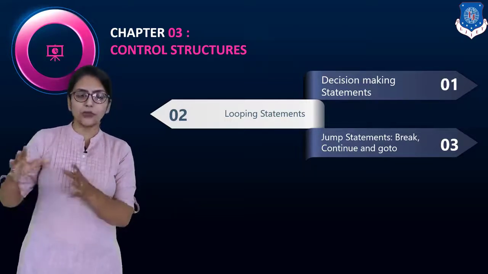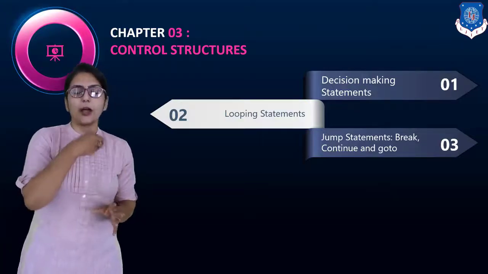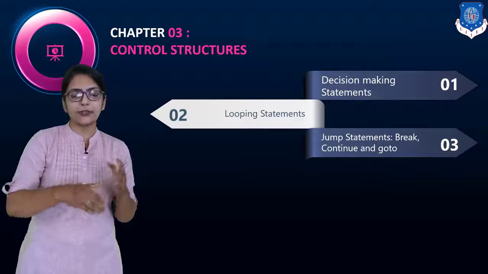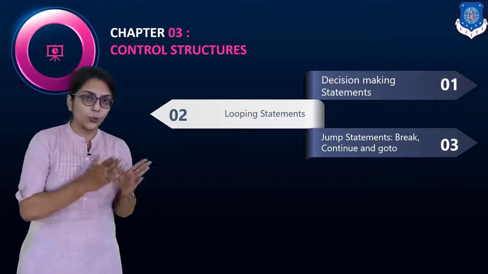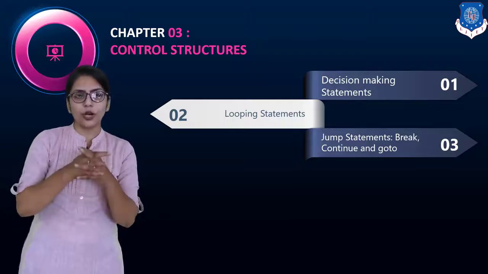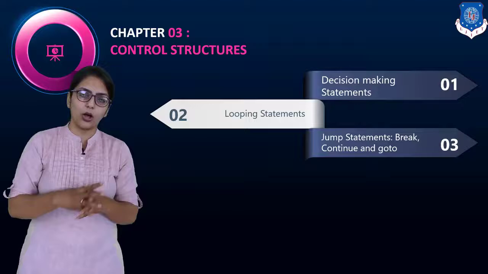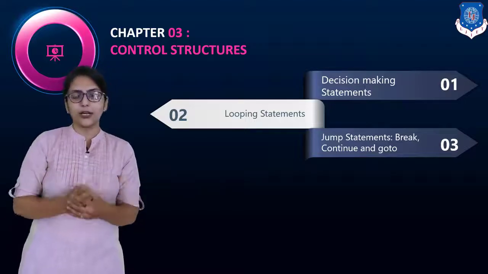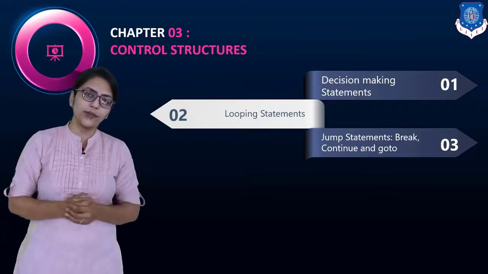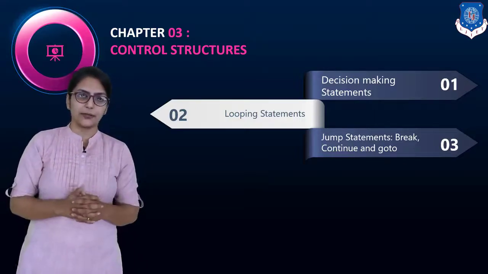Say, for the 100 marks of paper, I am going to print that the student is passed only if the obtained mark of the student is greater than 23. So 23 is my predefined threshold, and I am going to compare the marks of the student with 23. If it is greater than or equal to 23, then the student is passed, otherwise the student is failed. So this is all about decision making statements.